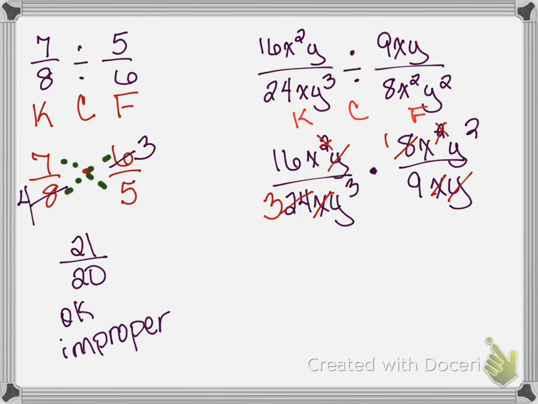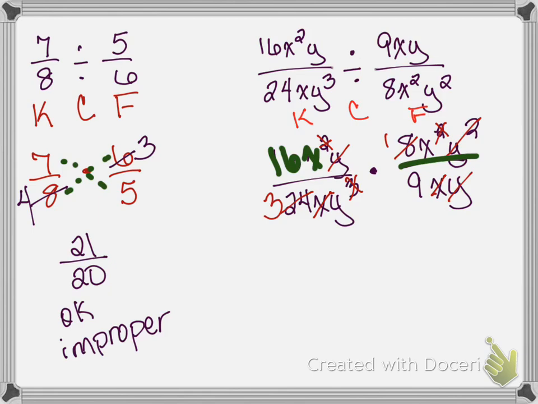I have y squared on the top and y to the third on the bottom. My y squared divides out and we get 1. What does my y to the third become? Good. Now, I have 16 times 1, and then I have an x. So I have a 16 here, I have an x, and then everything in my numerator here became 1. So I just have 16x times 1.